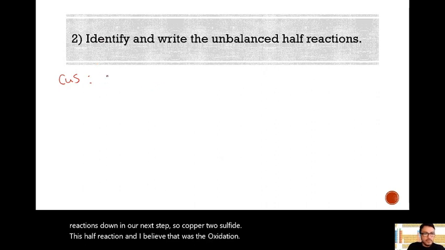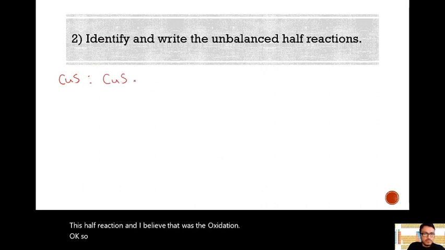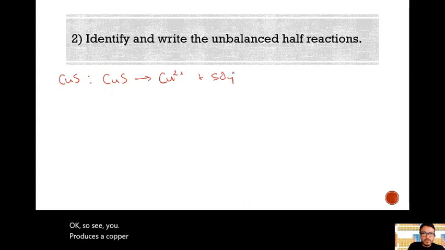Okay, so CuS produces a copper ion and sulfate at a -2 charge. Okay, we can just say oxidation here. The other half reaction involves nitrate.